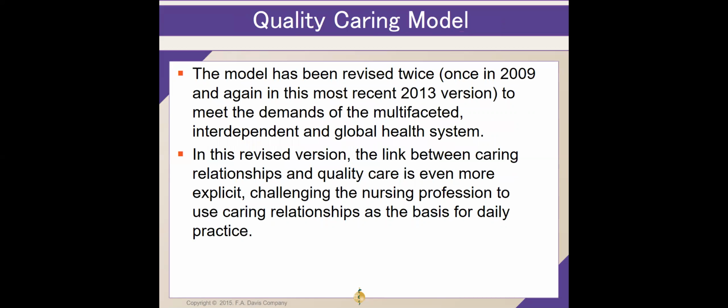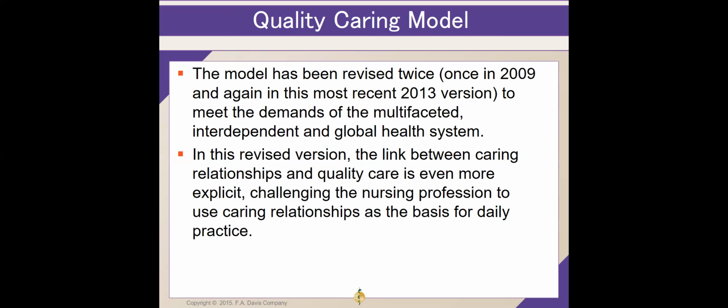The model's been revised twice, and it now is more generally adapted to multiple care areas. So perhaps it's moving towards a grand theory, but the link between caring relations and quality care is even more explicit.